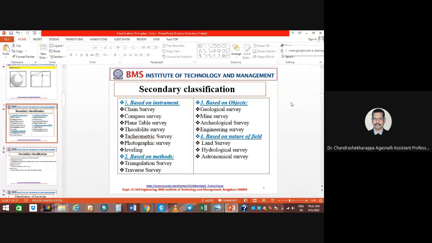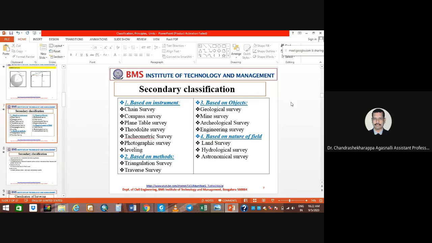If you give a survey number in a district, the district survey officer can easily take out the latitude, longitude or boundary. Digital things have come, but still they use the chain or compass to some extent. Compass is required, of course. Without compass, that's not an issue.